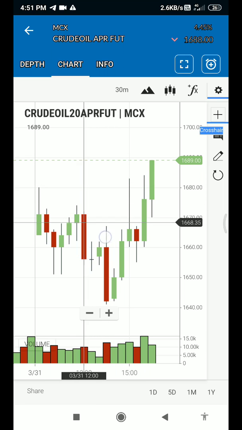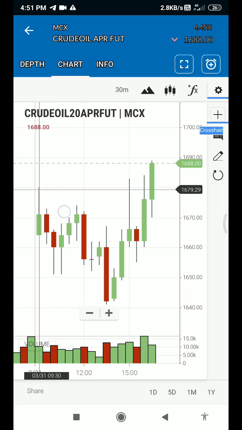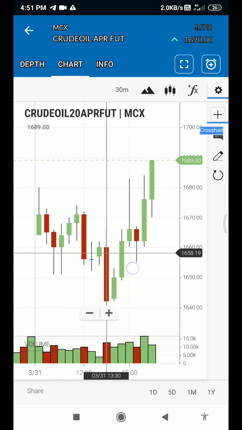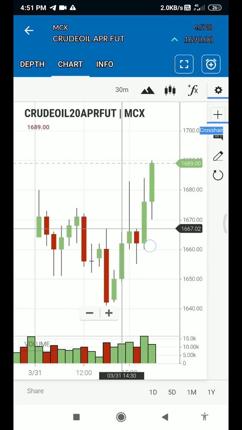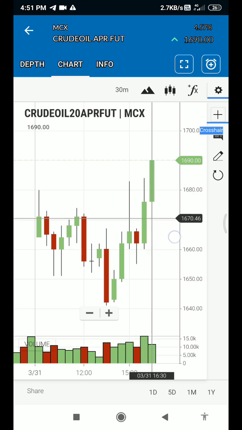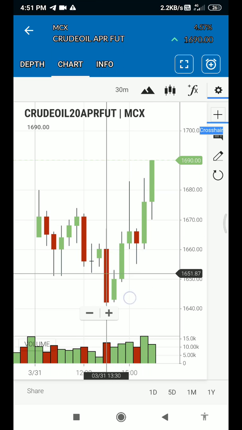Since it hasn't broken the high which was made early in the morning, that is 1680, it came down. Okay, now it has to break the recent high candle. This is the recent high candle. It broke above and came down, it really went up. Now the market sentiment seems confusing for you since the real trend is not clear.